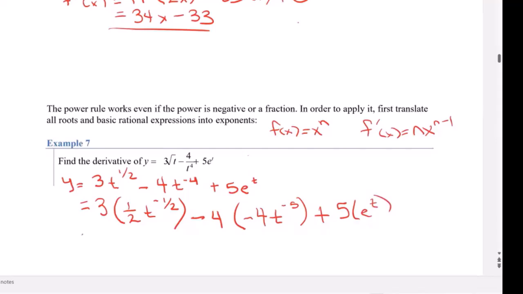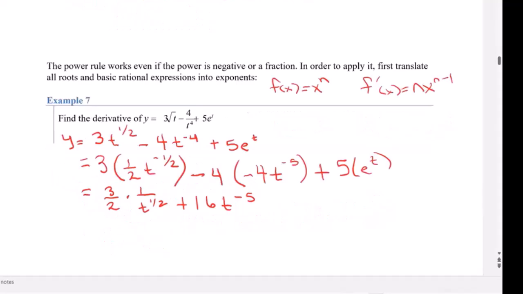So let's make this all go back into some form that we understand better. This equals 3/2 times 1 over t to the 1/2, plus 16 t to the minus 5. So minus 4 times minus 4 is plus 16, and then t to the minus 5, plus 5e to the t.